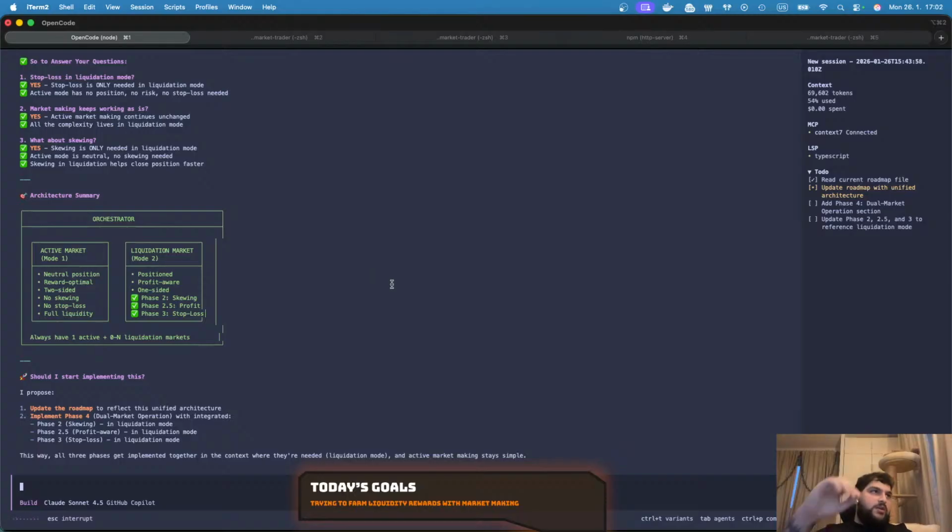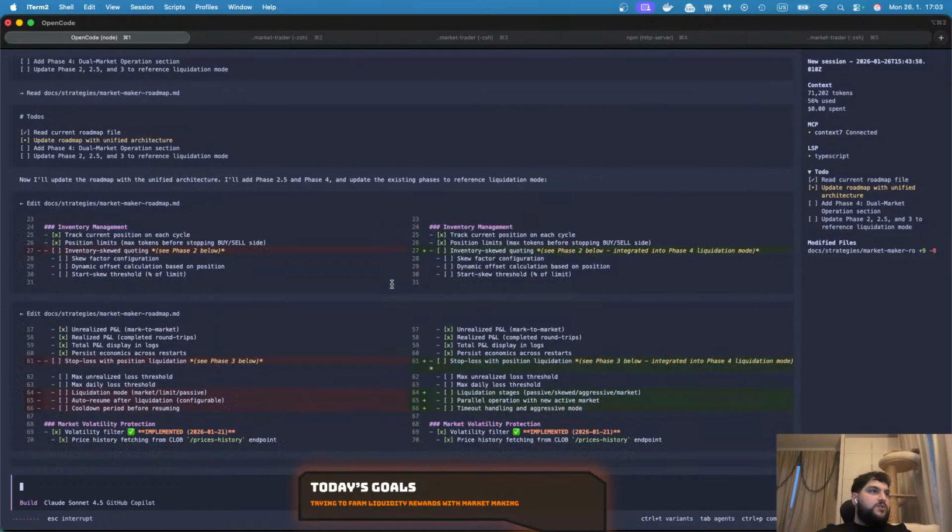Currently it only runs one active strategy in the market making mode, and now what we are going to be doing is that if we get into some position, we are going to stop market making there, we will run another market for market making, one where we are not participating, and we will automatically run a liquidation mechanism as well, which will try to get rid of the position from the previous one.